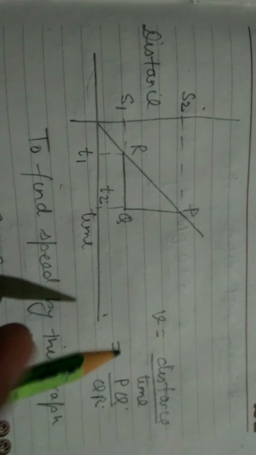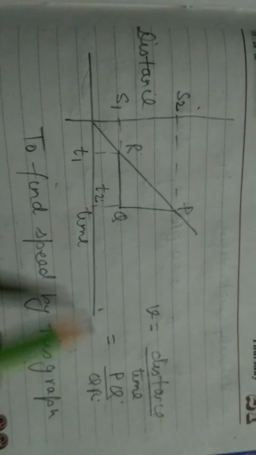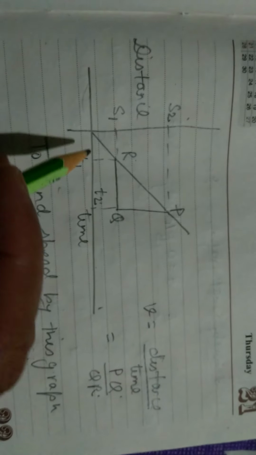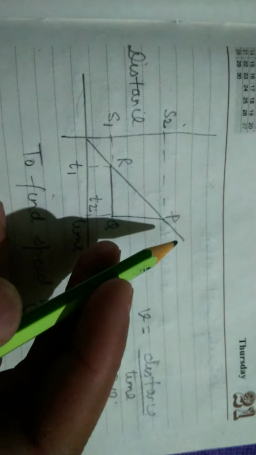Now we will go to another very important use of the distance-time graph, which is to find the speed from the graph. We all know that speed is distance over time. This is a graph of an object moving with a constant speed.